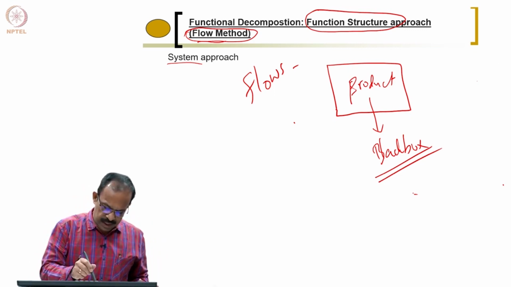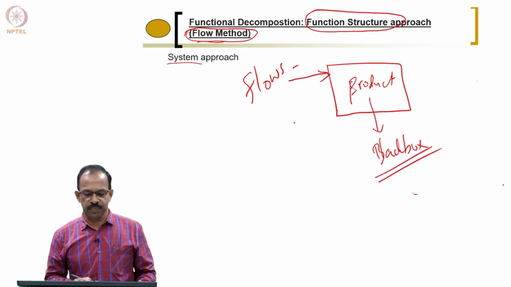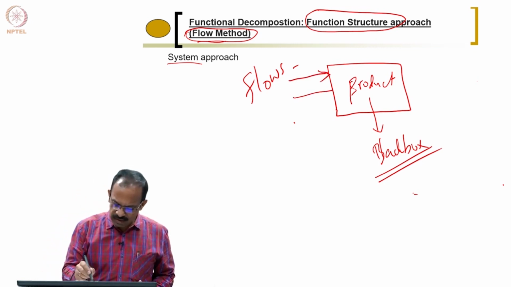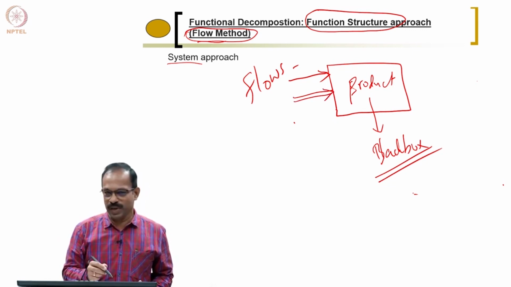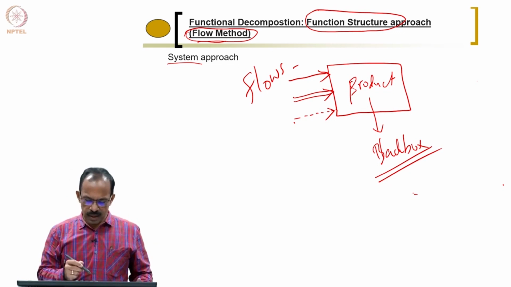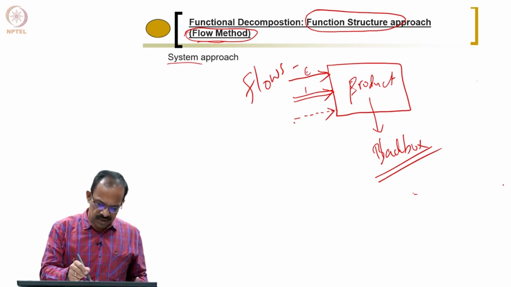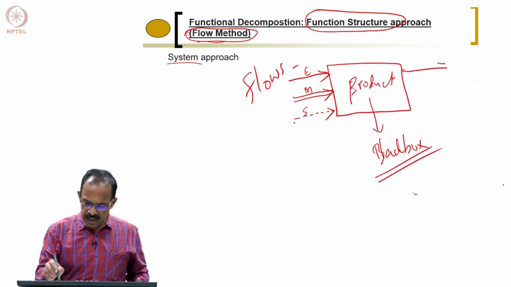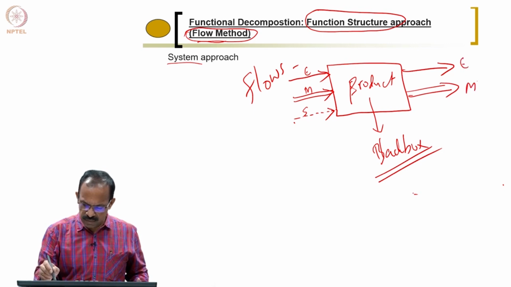For example, energy is normally represented using a single arrow, and material is represented using a double arrow in order to distinguish it from the other one, and signal is represented using a dotted arrow. So, this is the energy, this is the material and this is the signal. So, here you get the energy output, you get the material output and you get the signal output.